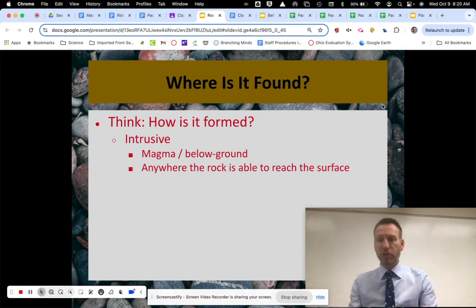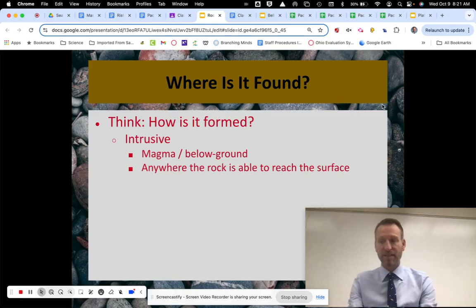It reaches the surface by natural causes like weathering and erosion over thousands or millions of years. Or sometimes, like we said, because people want to use granite for construction, they literally dig it out of the ground to make and sell. So as long as we can get to it from beneath the surface, you can find it basically anywhere.